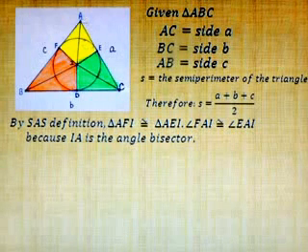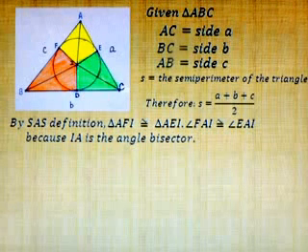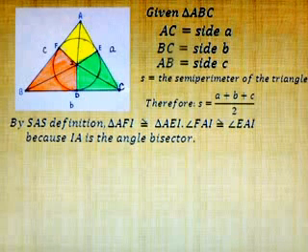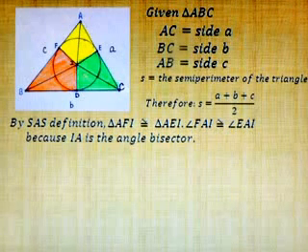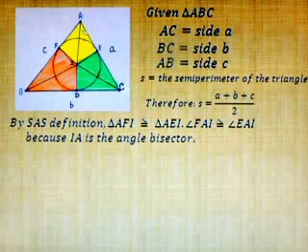So let's look at triangles AFI and AEI, and we're just going to take a minute to look at the angles and prove that they are congruent. So we're going to start with angles FAI and EAI, and these 2 angles are indeed congruent because AI was a bisector.